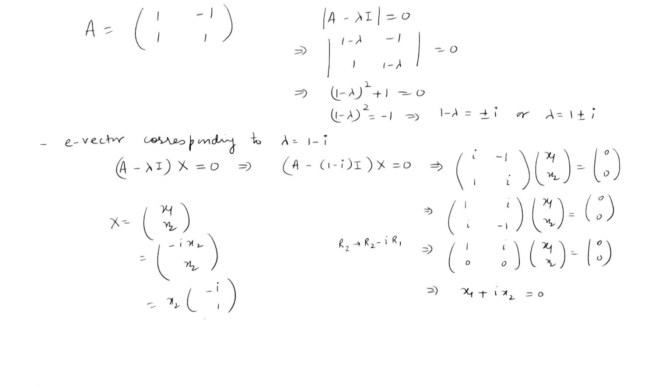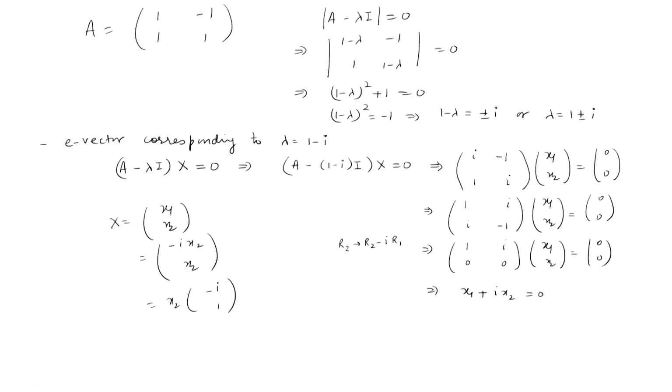So, if we are talking about the number of linearly independent eigenvectors corresponding to lambda equal to 1 minus iota, it is 1. You can pick any one linearly independent eigenvector from this because it gives infinitely many eigenvectors.